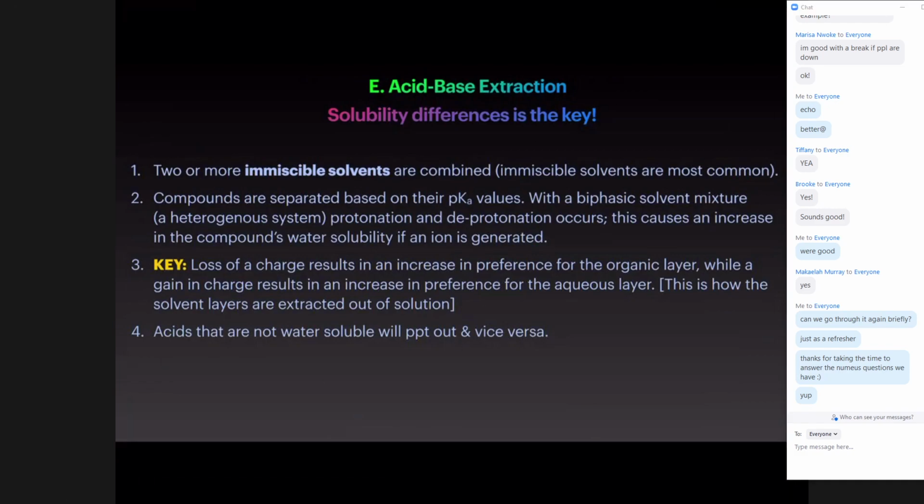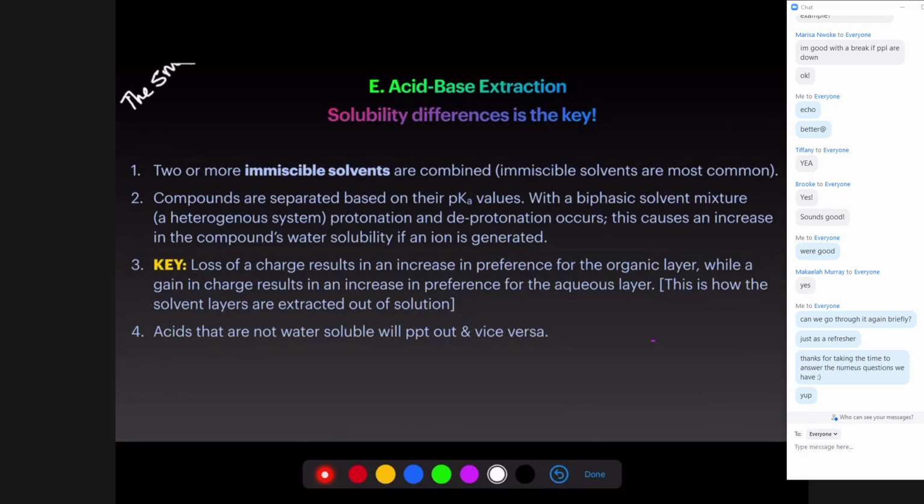So here, let's go back to acid-base extraction and then briefly hit on the pKa values. The smaller the value of the pKa, the stronger the acid. Okay, let's just put that as a note. Smaller pKa equals stronger acid.